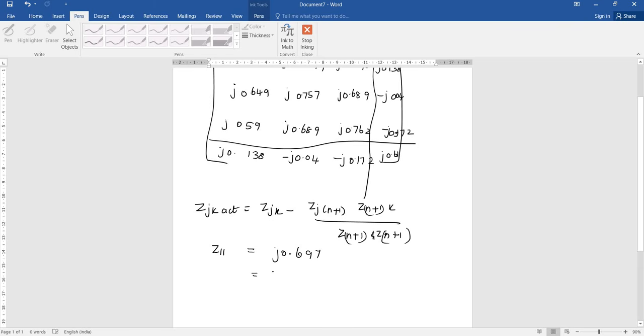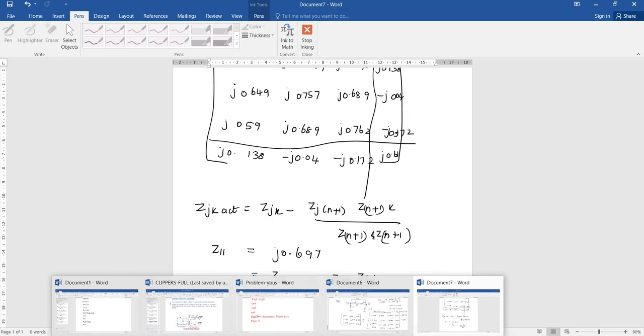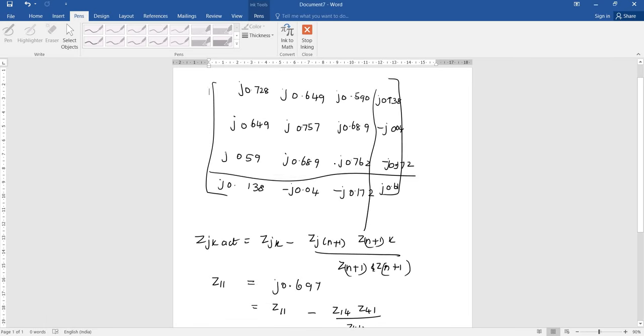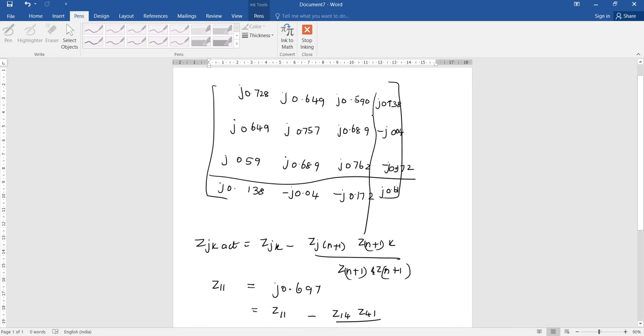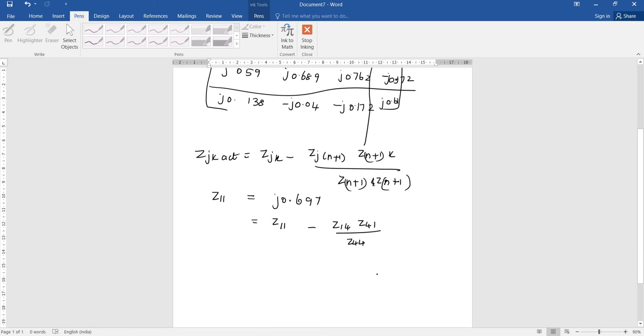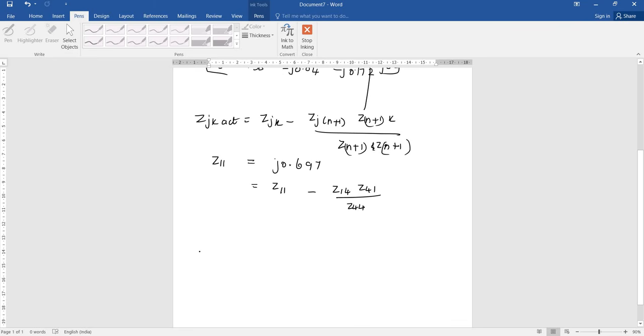The equation is Z11 minus Z14 Z41 divided by Z44. Substitute the values: Z11 is J 0.728, Z14 is J 0.138 and Z41 is J 0.138, divided by the last one, J 0.61. In this way, complete everything and finally I get the matrix Zbus.